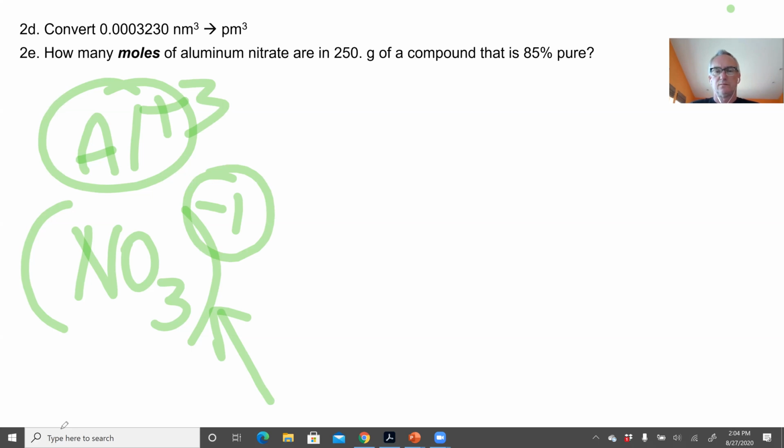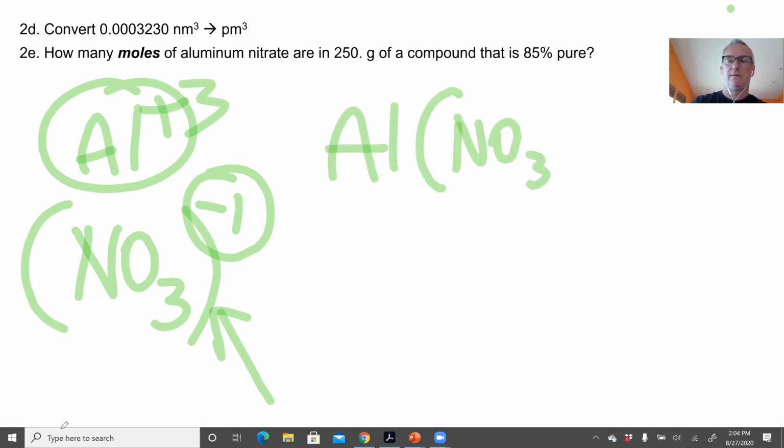Aluminum, parenthesis, nitrate, 3. So you're saying aluminum and then parentheses nitrate and then another 3 here? Mm-hmm. That is correct. Very good.